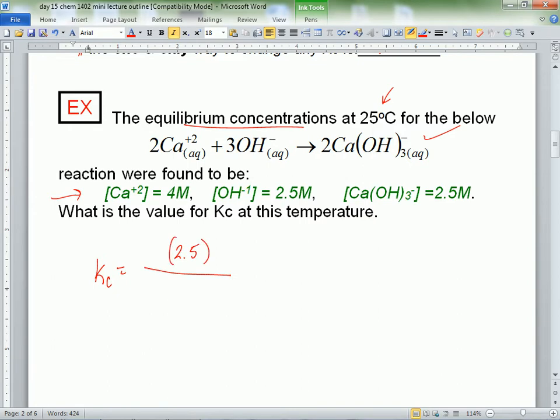Is it just 2.5 or is it raised to a power? Raised to the 2. All right. And then go ahead and write the bottom part and see what you get for Kc.